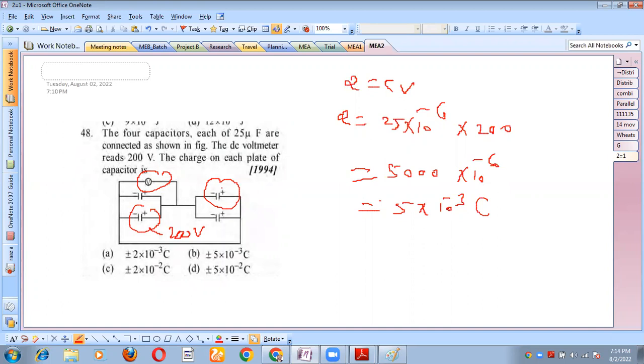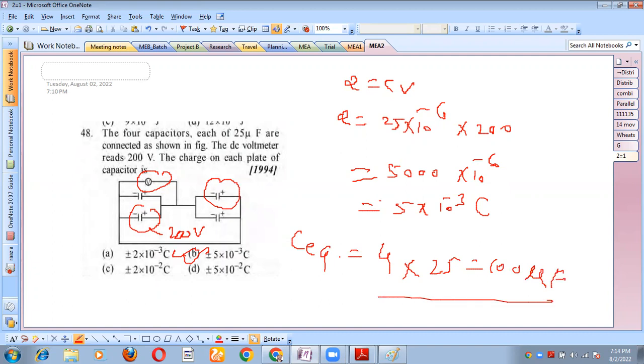Since capacitors are identical, the correct answer will be, you are right. If someone asks you equivalent capacitance, what will be equivalent capacitance? All are in parallel, so 4 into 25, 100 microfarad will be equivalent capacitance. These all capacitors are basically in parallel. Getting my point?